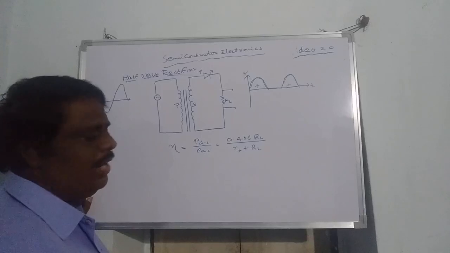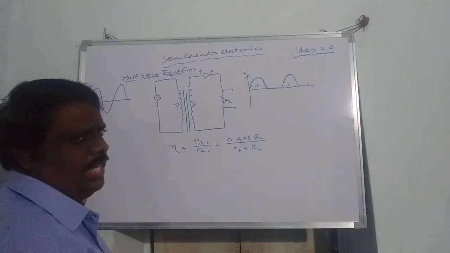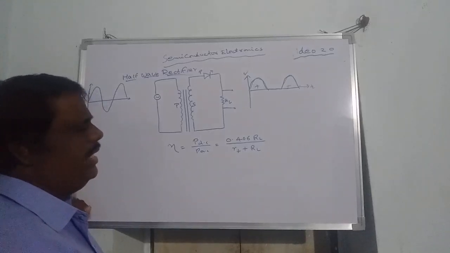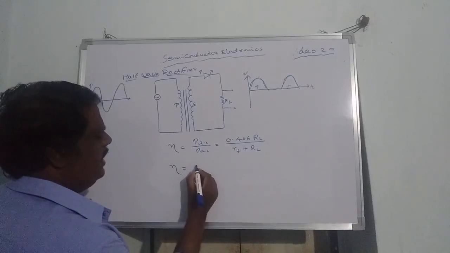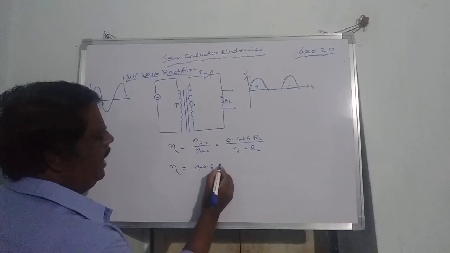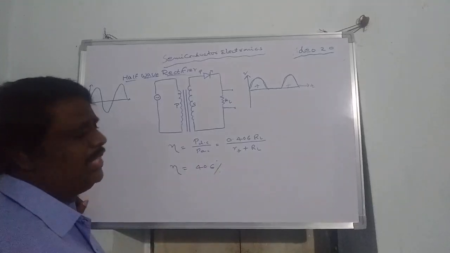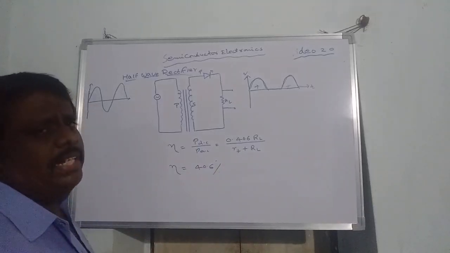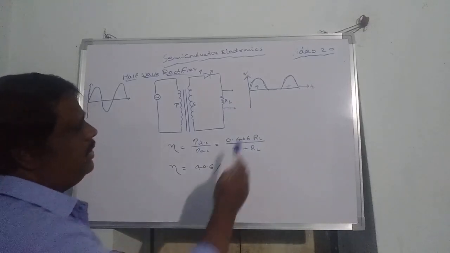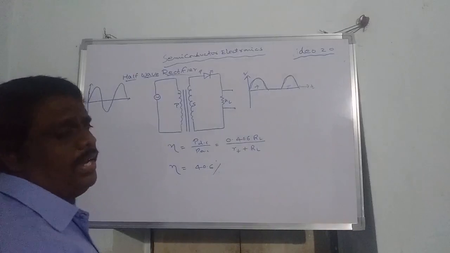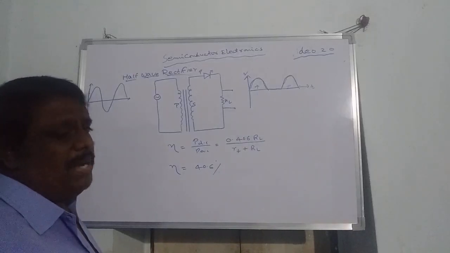Here RL is the load resistance, RF is the forward bias resistance. So the final value of this efficiency is 40.6%. That means only positive half cycles will come out. So negative half cycles are blocked. So the graph will be discontinuous and pulsating.